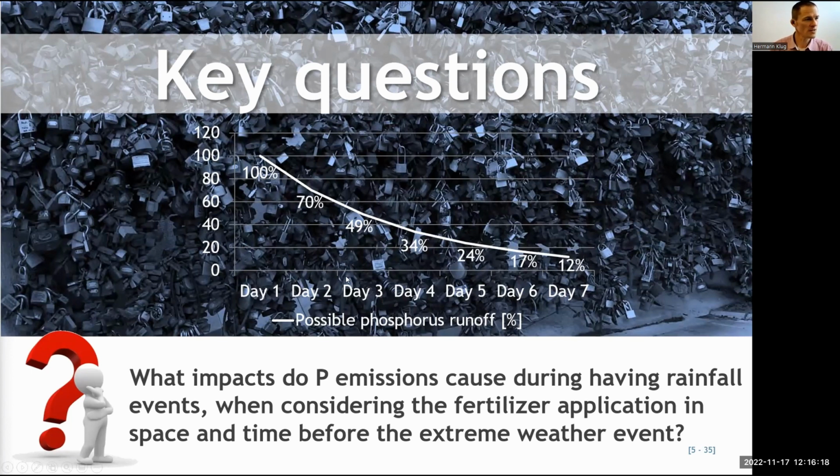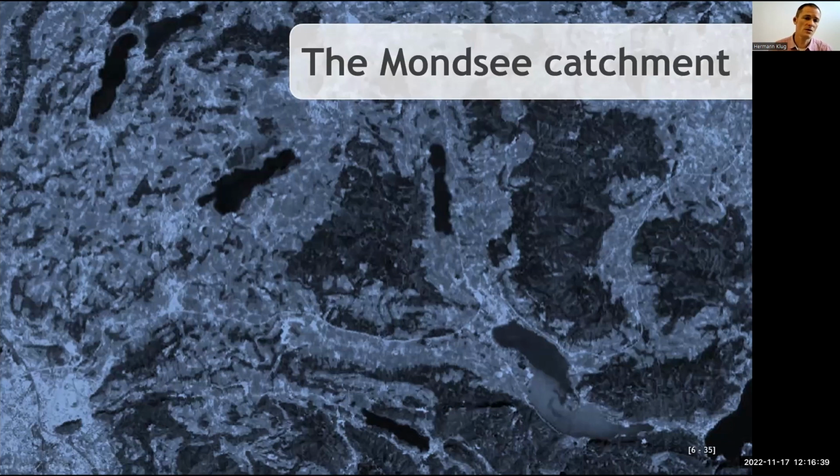But if you apply the fertilizers and immediately after, 10, 12, 20 hours afterwards, a heavy rainfall event occurs, then 80 to 90% of the fertilizers which have been brought to the field are gone to the rivers, further to the lakes. So that was our assumption, and we were looking at that assumption in a particular area.